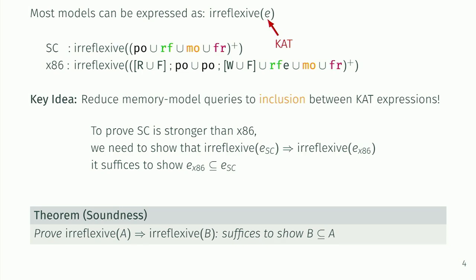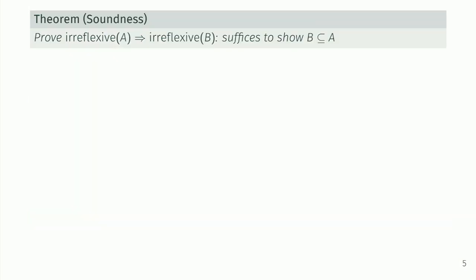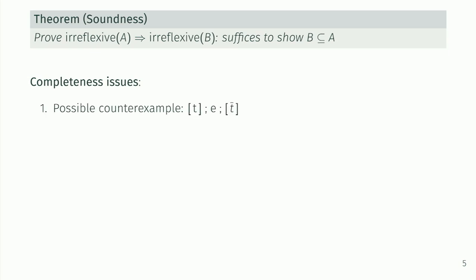So in my last slide, I want to show you how we get completeness from this. Now there are 3 different completeness issues. The first one is that I might get a counterexample that looks like this. Suppose I'm trying to prove some implication like this. I'm trying to show some inclusion, and while trying to show this inclusion, I get a counterexample like that.